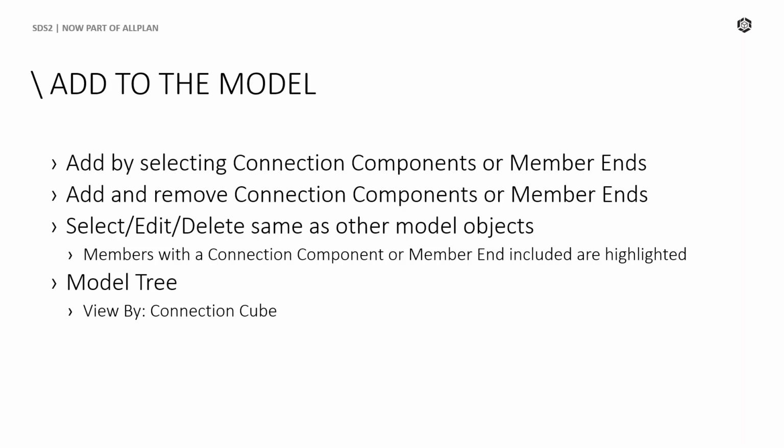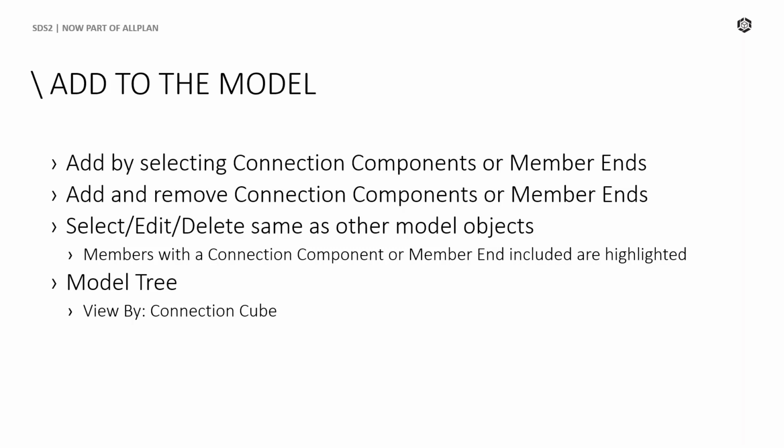We can do that by selecting the connection component or the member end, and then in your contextual ribbon, you're going to have a simple connection cube add button that will figure out the extents of your connection component or your member end and add this cube appropriately.